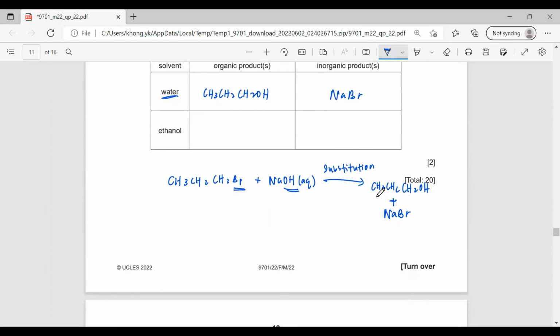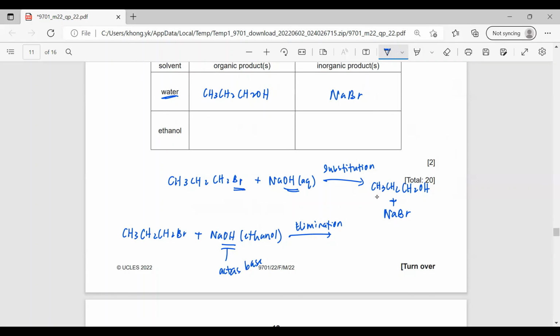But if this reaction is carried out in the presence of ethanolic NaOH, the reaction that happens is an elimination. In the elimination, the role of the OH is acting as a base.